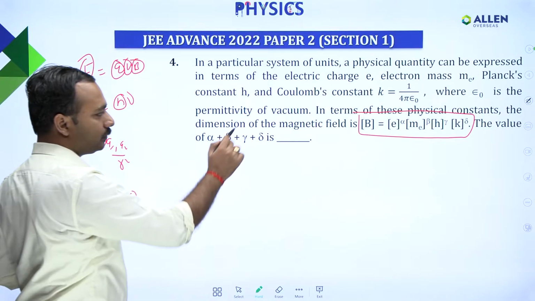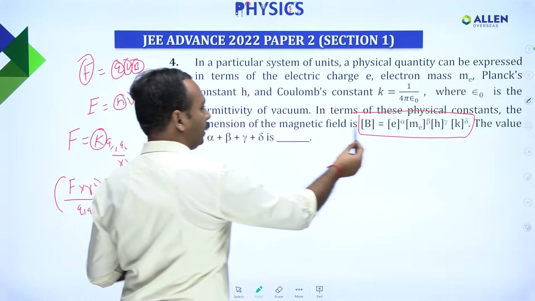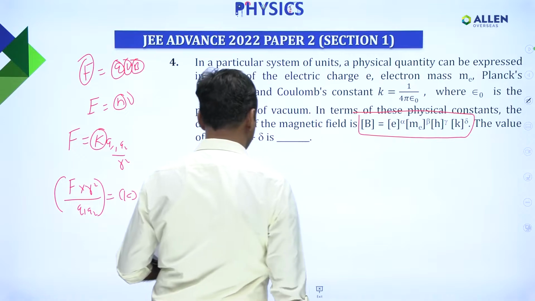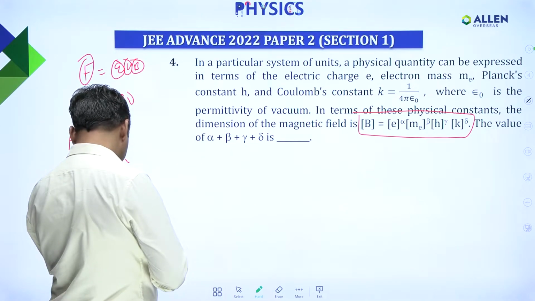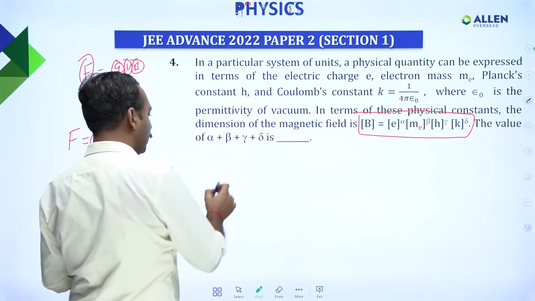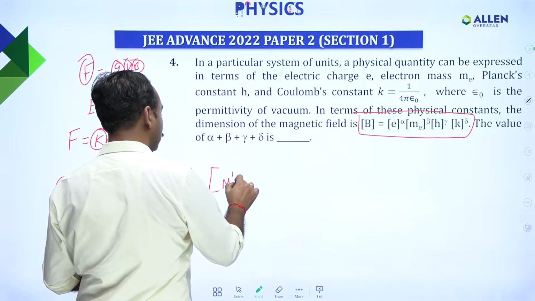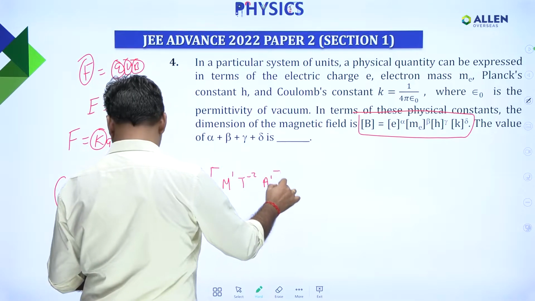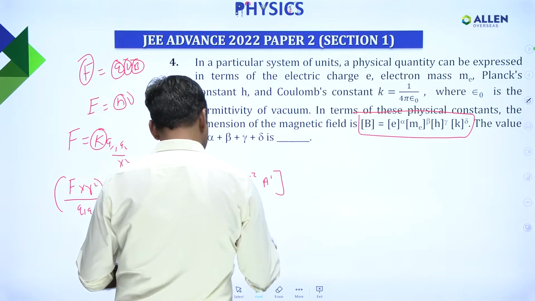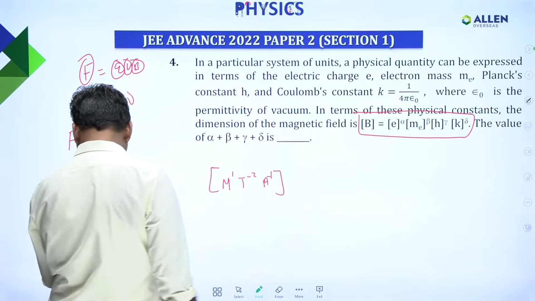From all these formulas, put in the dimensions and you can calculate alpha plus beta plus gamma plus delta. So let me write the dimensions for you. I've done it. The dimension of B comes to be M1 T minus 2 A minus 1.